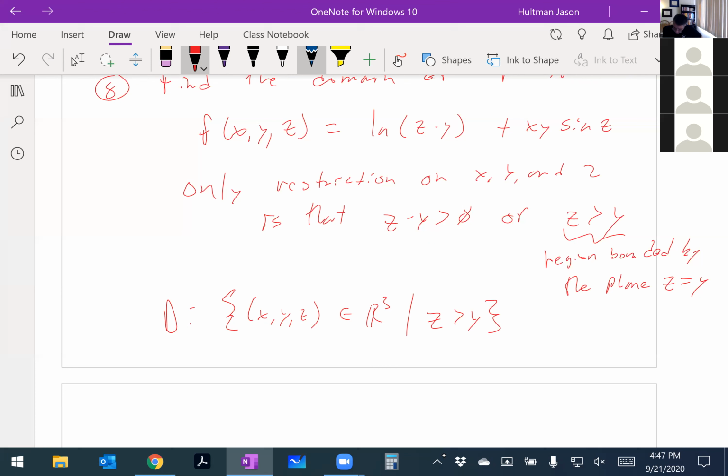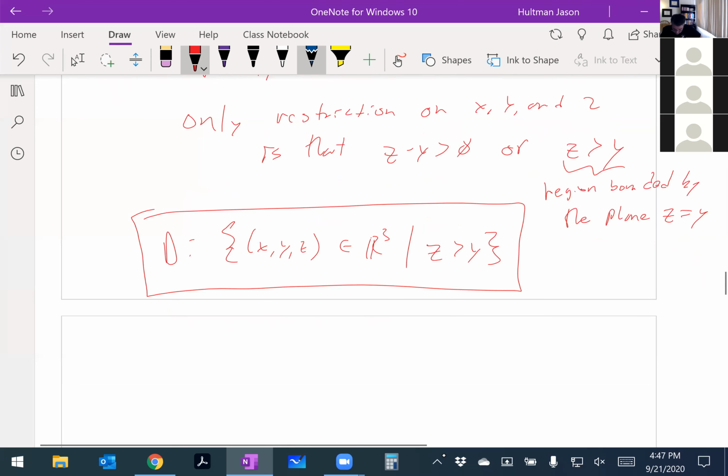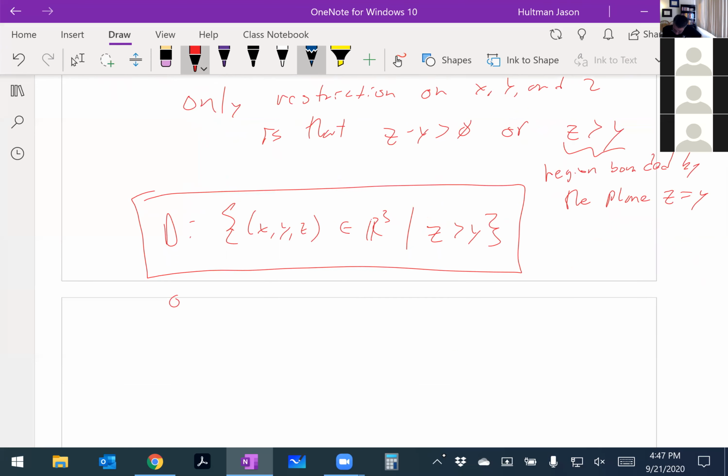So the domain is in R cubed. The original graph of f is in R4, but the domain is R3.